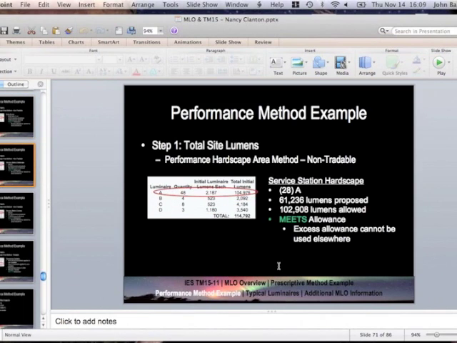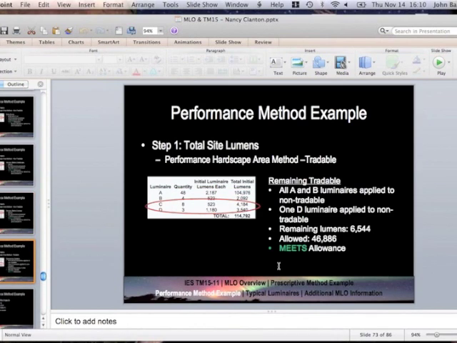The hardscape area, we go through the whole area, similar to what we did in the prescriptive, but these are use it or lose it, and it meets the allowance. But we can't use the excess anywhere, and then we go through the same exercise with the canopy, with the same results that it meets the allowance.